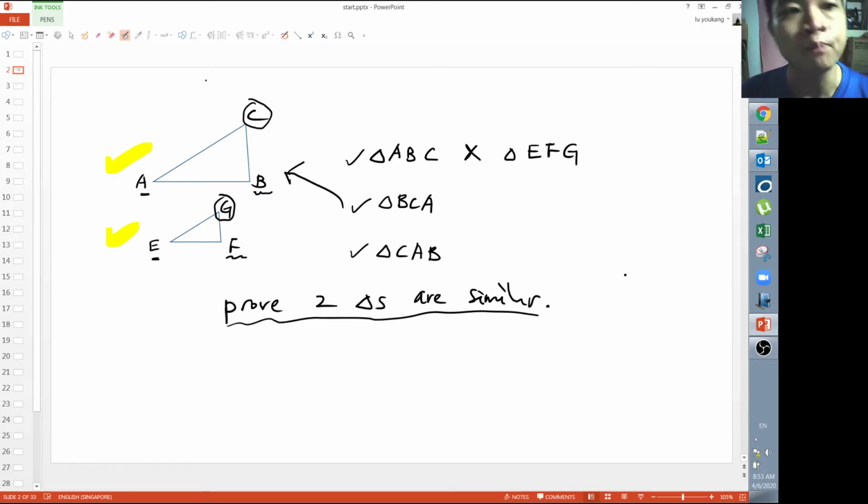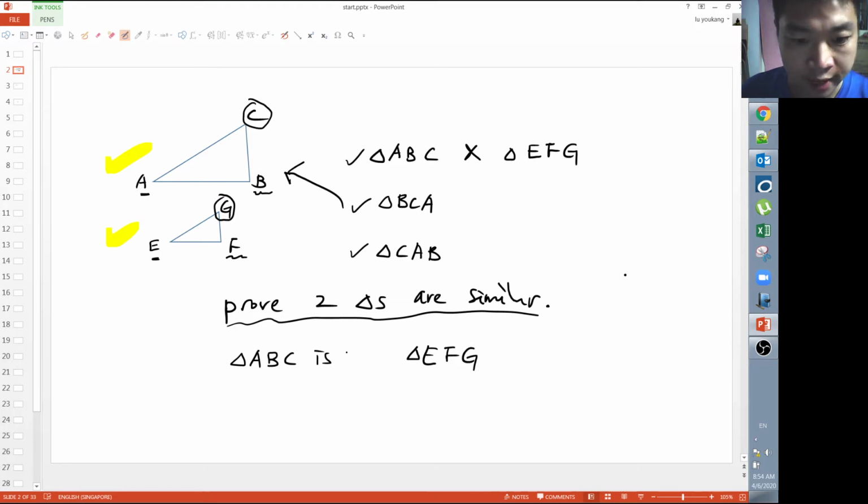So the order of letters you choose to name your triangle ABC, you should match this triangle ABC with EFG. So now we are proving two triangles are similar. If I pick triangle ABC, I have to pick what? Similarly, you start with ABC, so you also need to use EFG.